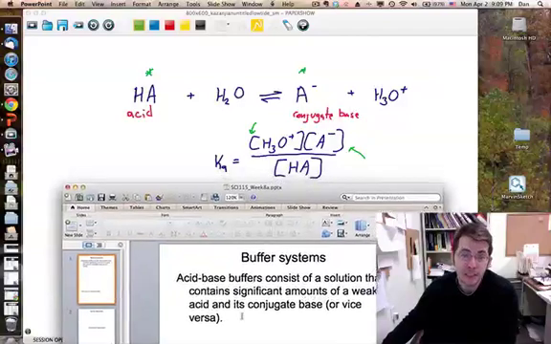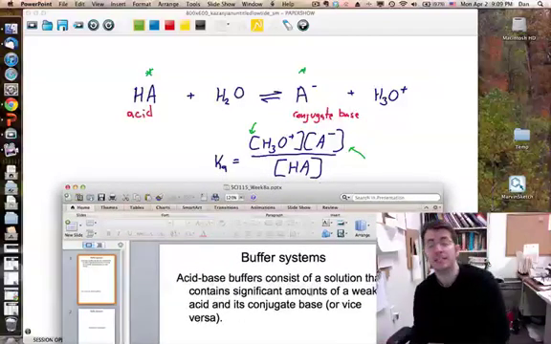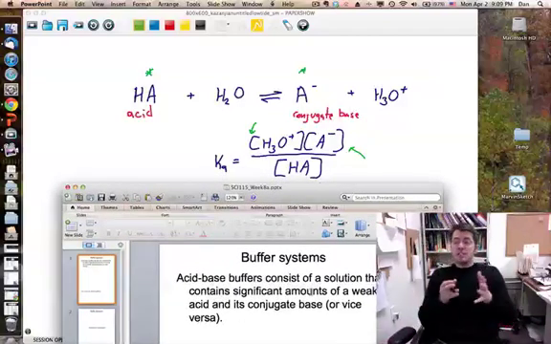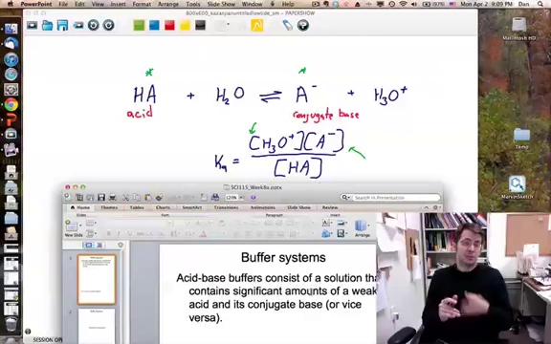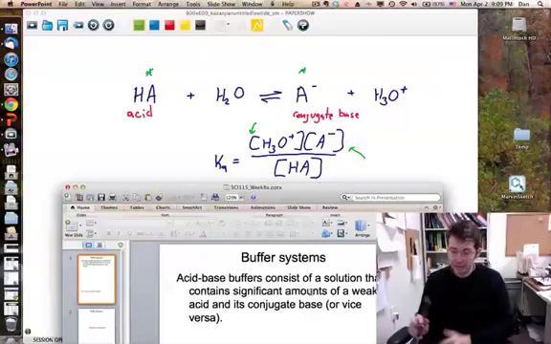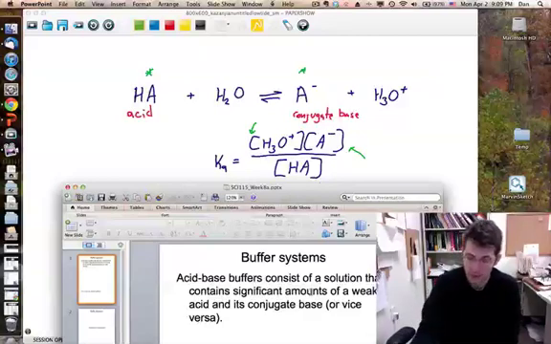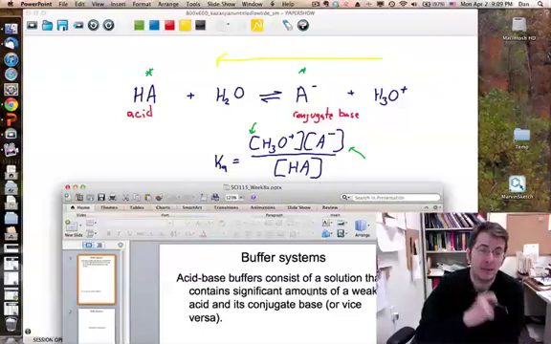When you have significant amounts of its weak acid and its conjugate base, the systems are resistant to change in the hydronium ion concentration. Because what happens is, if you add H3O plus via external acid, this reaction is driven this way. The H3O plus is consumed, the conjugate base is consumed, and the weak acid is consumed.